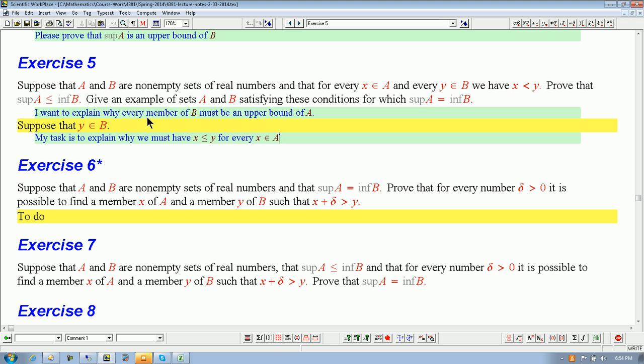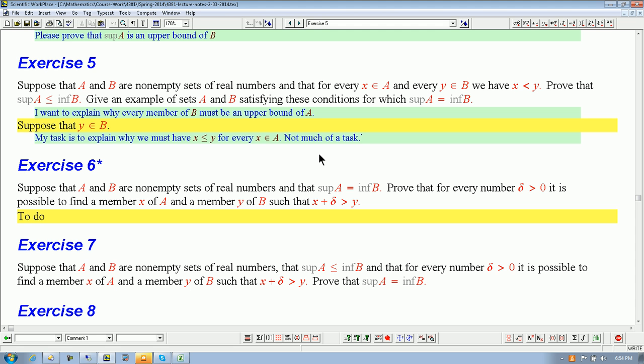Well, it's not much of a task. It was given. You were told that whenever x is in A and y is in B, x is less than y. So you've got an element y of B, and for every x in A, x will be less than y. Not much of a task, you see?